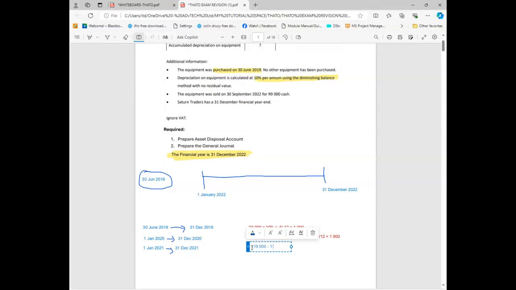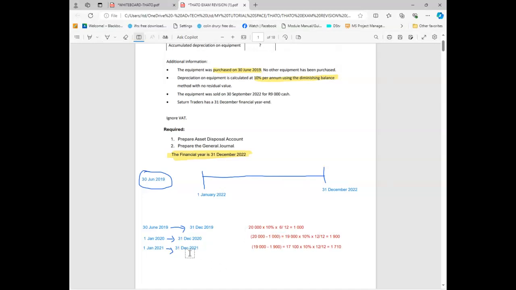But you must first minus what? 1.9. Okay, how much do we get? 17,100. This 17,100 you times by 10% and times by 12 divided by 12. And then we're going to find 1,710. Can you see now?